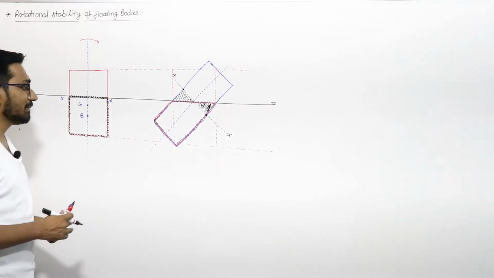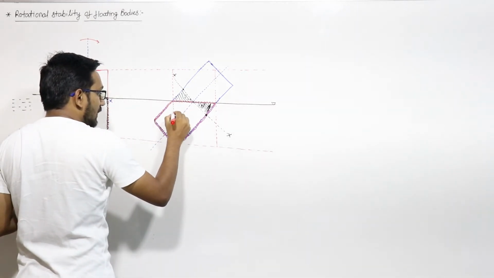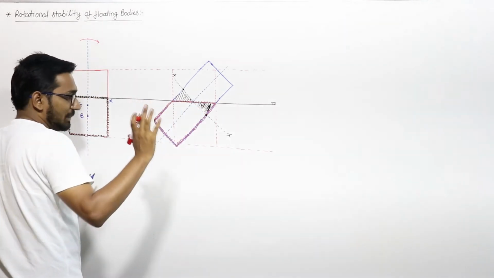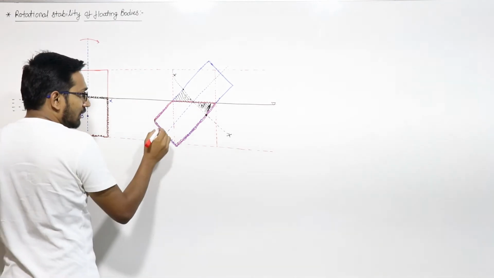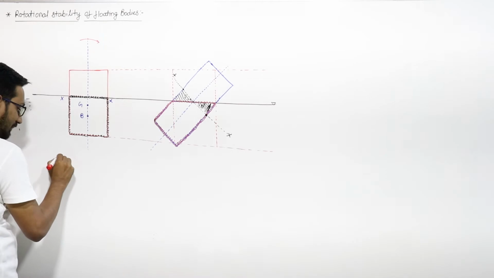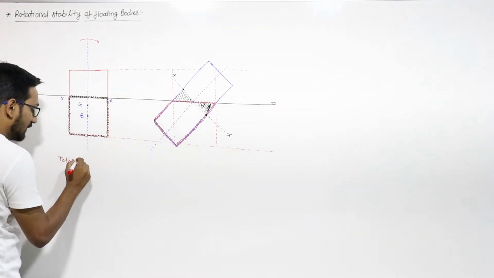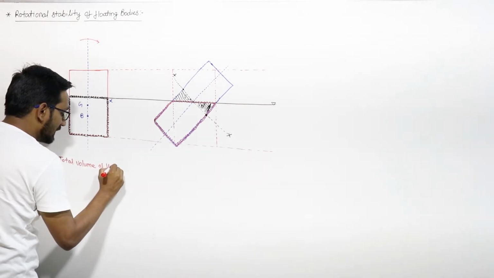Now we can discuss that the total volume, and you will appreciate this, that this volume will be equal to this volume. So the total volume of the fluid displaced is the same. I am not saying the volume of the fluid changes.